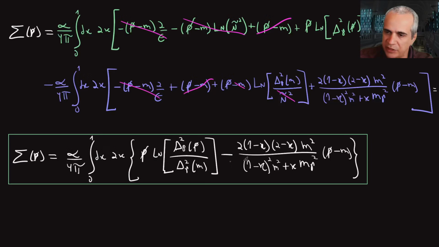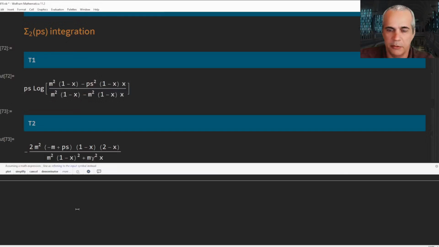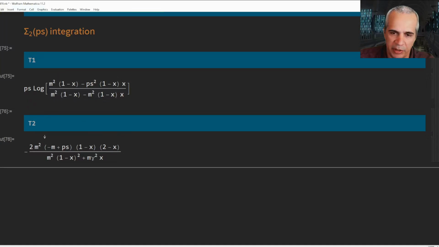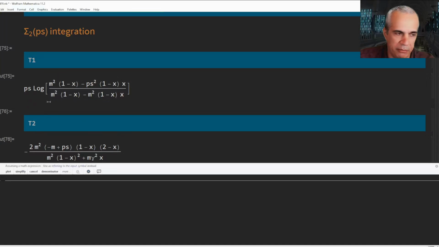Now, as for these two parts, let's take a quick look in Mathematica just so you see what happens, right? So let me change here and here. And so this is the first term, the term with the two logs. And this is the second term, that complicated expression there. But in both cases, I need to integrate.